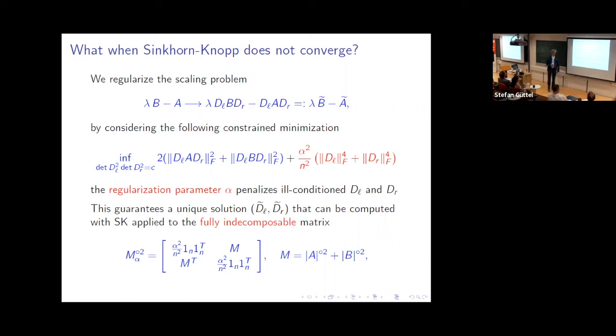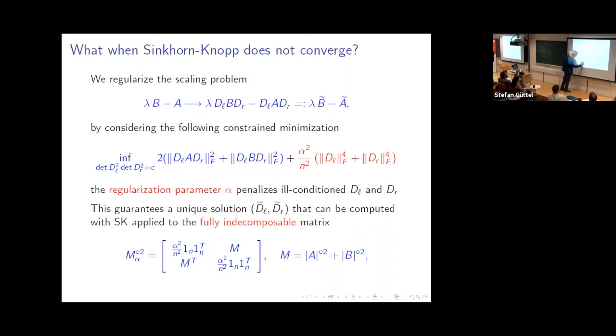And there's a simple way to do that. You rewrite the matrix where you put M and M transpose in the two off-diagonal blocks, and in the middle, on the diagonal, you put a matrix of all ones times a particular scaling factor.